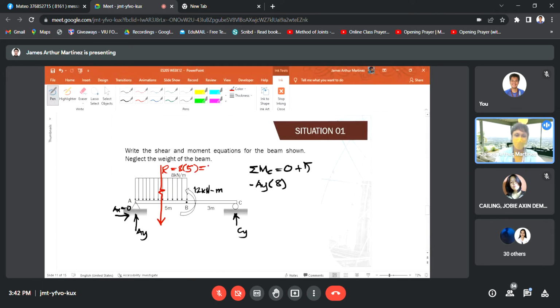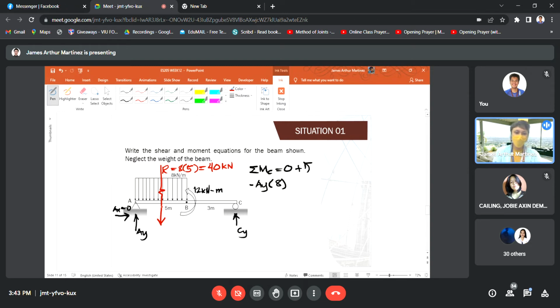So 8 times 5 is 40. The resulting unit would be kN, because 8 kN per meter times 5 meters, the meters cancel. So 40 kilonewton is our resultant force for this distributed loading.